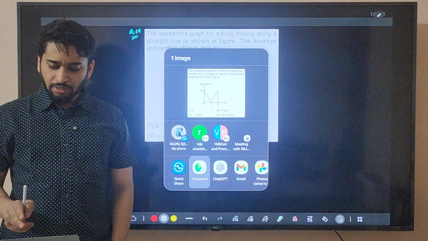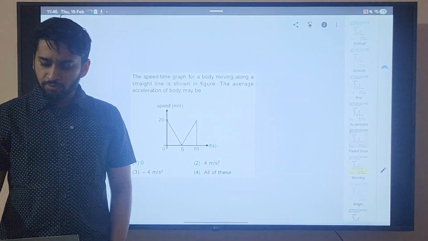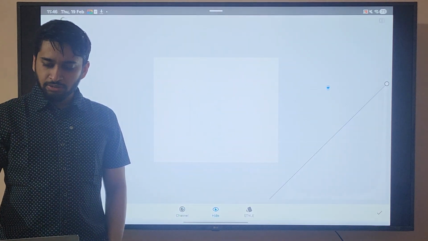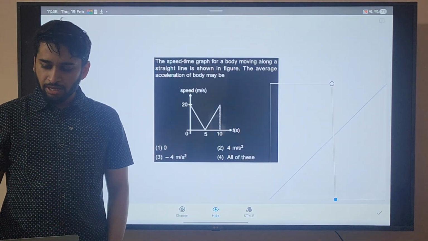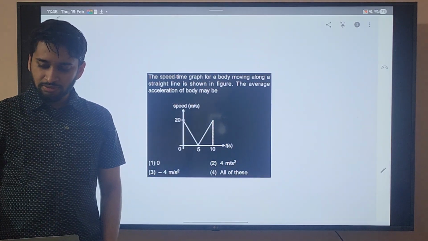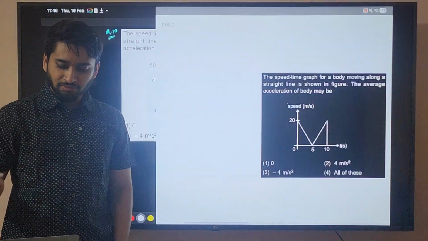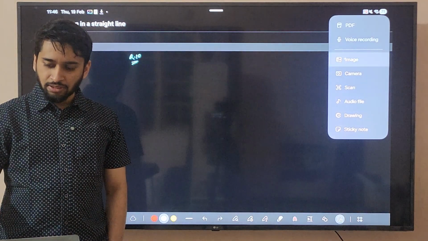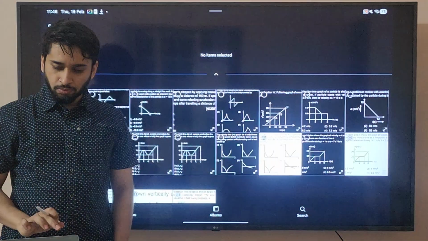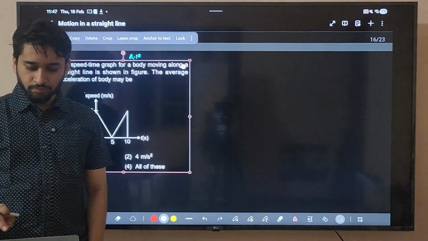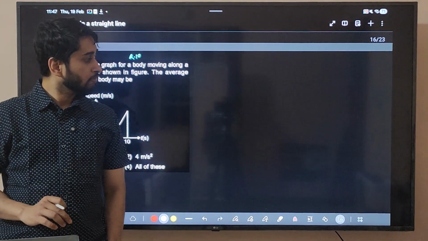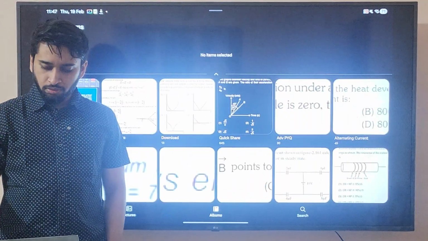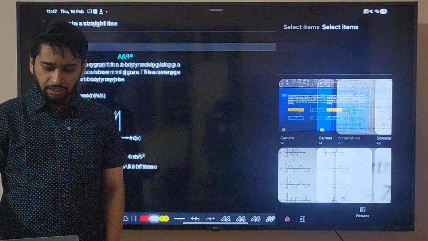You go to Snapseed, you put on edit, go to curves, just like this, and voila, that's done. I have successfully converted this one as well into what I wanted. Okay, great. Just a moment. What do we have here? Nothing is there as such.